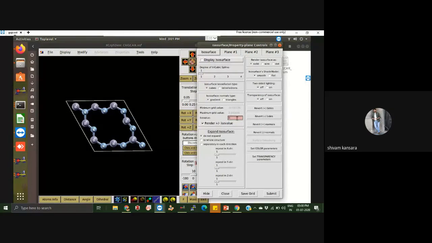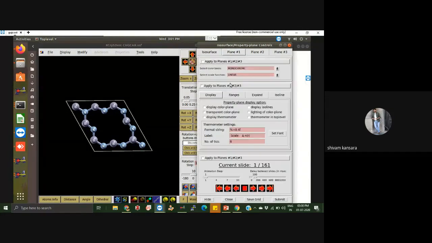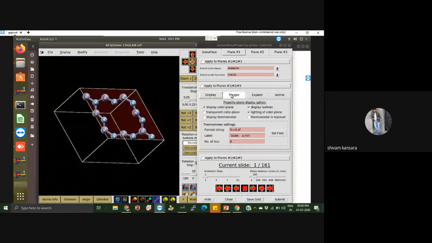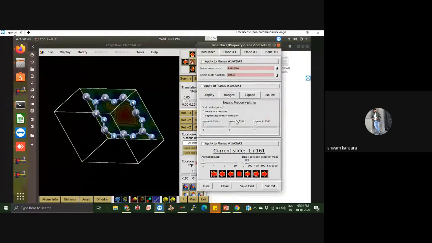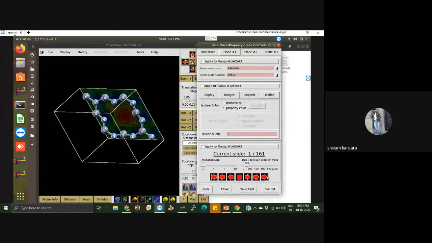Submit. For plane 1, monochromatic to rainbow, linear as it is, and display color plane, display isoline, and lighting of the color plane. Submit it. Now it is more visible. Go to progress, set it to 0 and 0.02 or anything, so it's more visible and the isolines are properly colored.